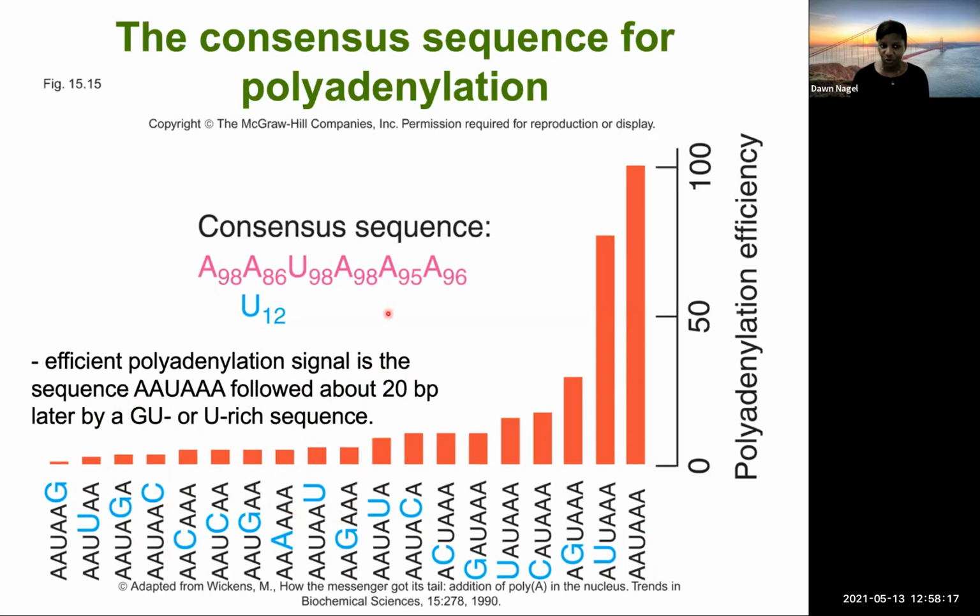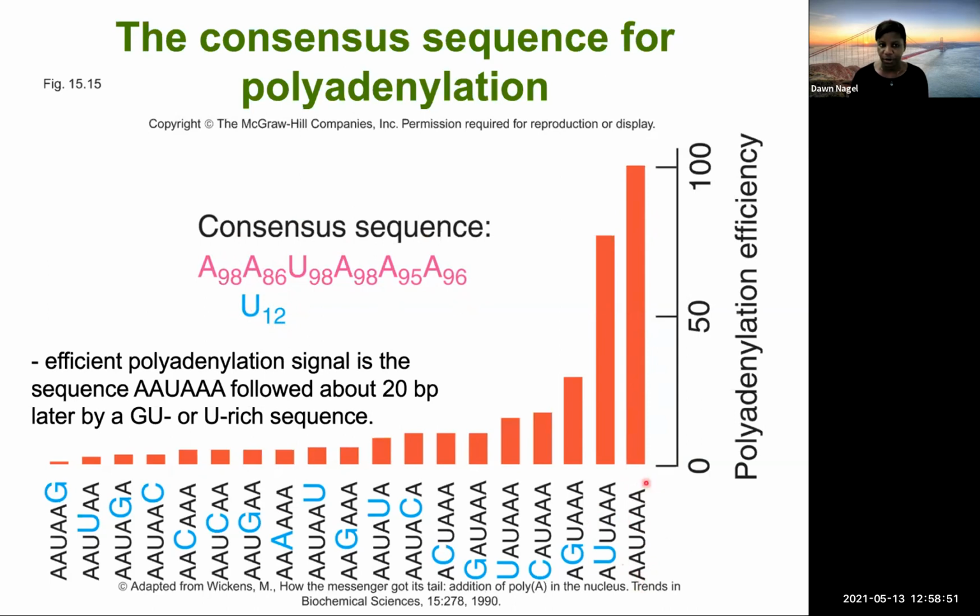We said consensus sequences are sequences that are shared. These are the sequences. These numbers represent the occurrence, so if you're looking at percent efficiency, right? If you're looking across multiple promoters, 98% of the time you'll have an A at this position, or 96% of the time you have an A at this position, and sometimes you have a U. Okay, when you have this particular sequence, you have really high efficiency of polyadenylation, and that's what's shown here, right?